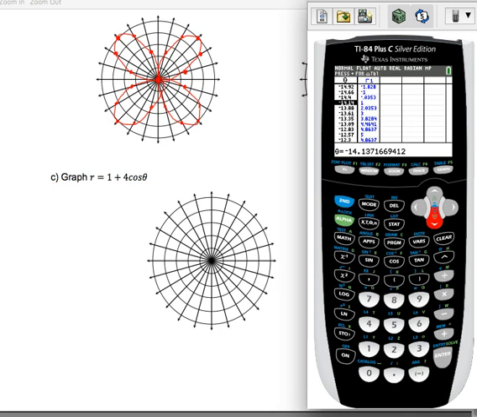Zero, and counting by pi over 12. Okay, window from 0 to 2 pi, and also counting by pi over 12. Oh, it stopped finally at 14, which is absolutely crazy.